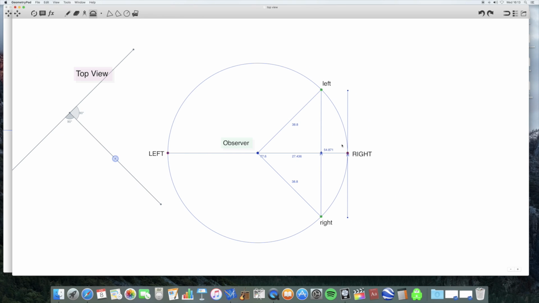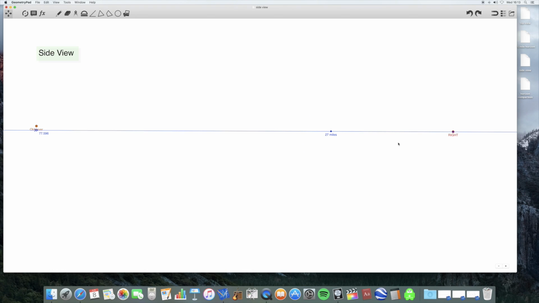So I'll just remind you. The 27-mile line represents this line here, but you're looking at it from the side. So you're looking at a straight line along here, a point marked 27 miles from the observer, and a point marked at the horizon. So hopefully that's clear. So we can work out what the angle is between these two points and the observer.